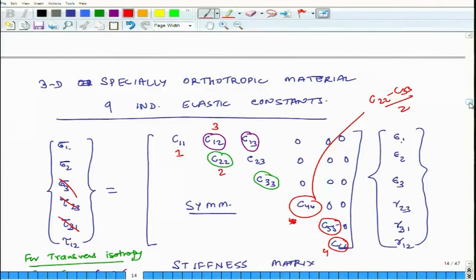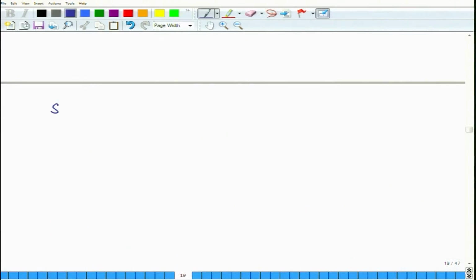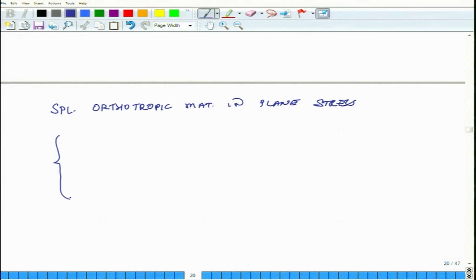So, what are the equations for specially orthotropic material in plane stress? We have only 3 equations, sigma 1, sigma 2 and tau 1 2.